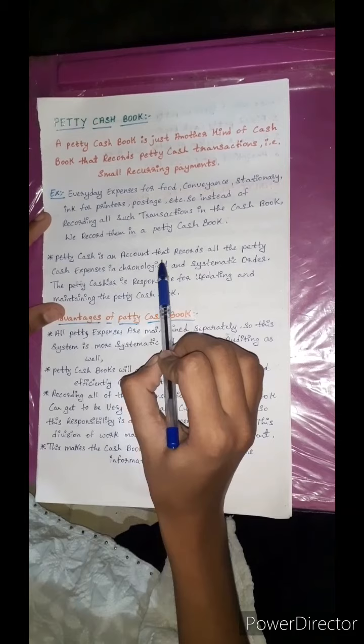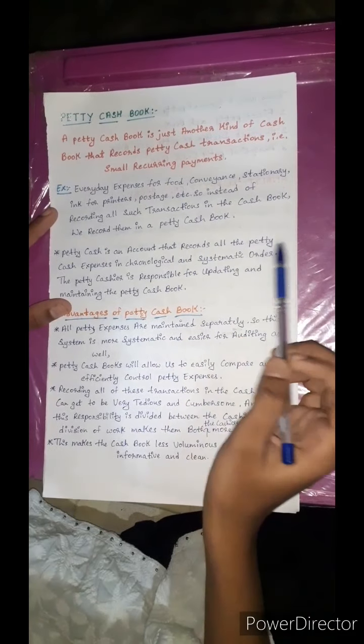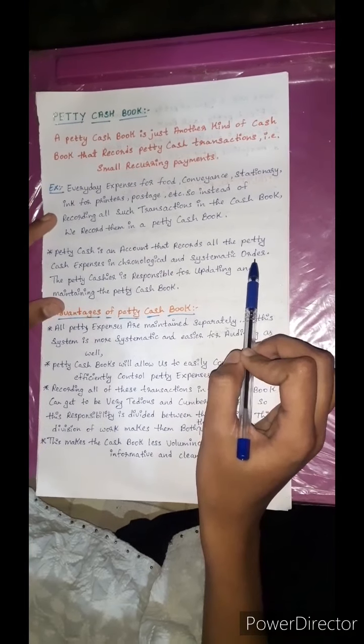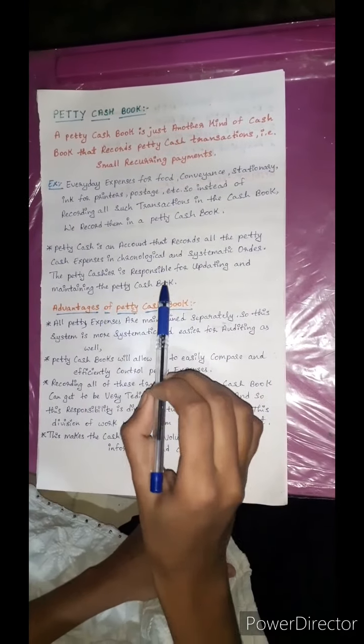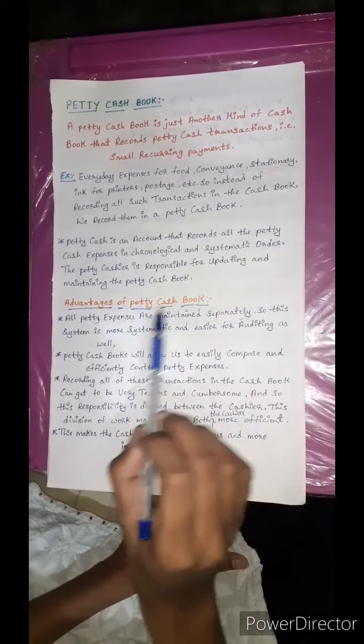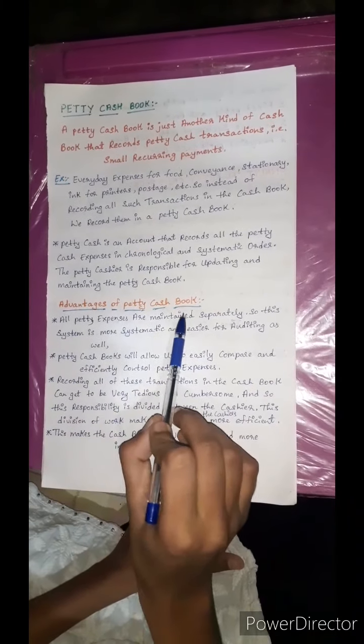Petty cash is an account that records all the petty cash expenses in chronological and systematic order. The petty cashier is responsible for updating and maintaining the petty cash book. So this is the definition of petty cash book, and the next is advantages of petty cash book.